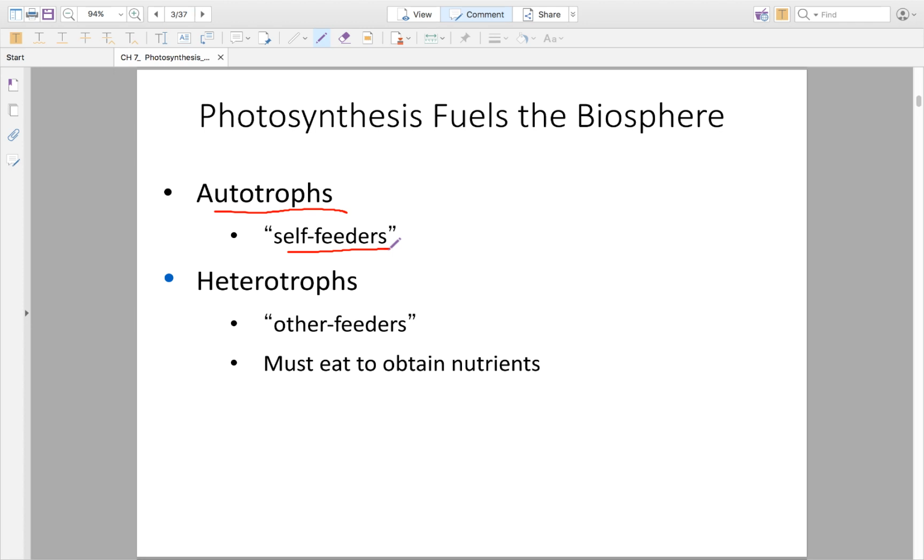So they're self-feeders. Heterotrophs are other feeders, which means that they have to eat to get nutrients. So what's an example of a heterotroph? Okay, us. All animals. All animals are heterotrophic.